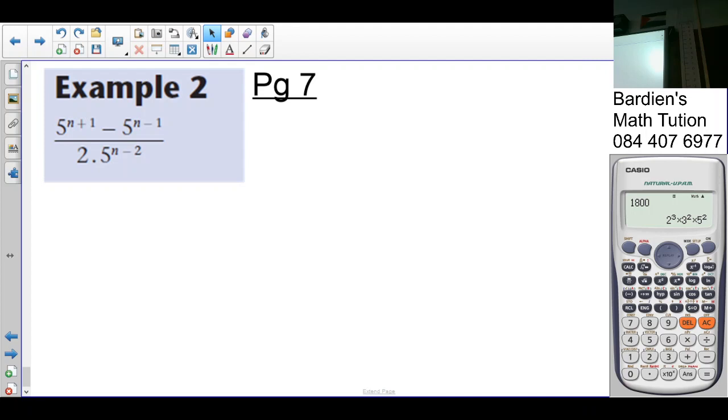So what's the first thing we're going to do? What's the first bullet we said we're going to do? Split it up. Okay? So we're going to split the 5 to the n plus 1, the 5 to the n minus 1, and 5 to the n minus 1. All three of those we're going to split up. So do that quickly.